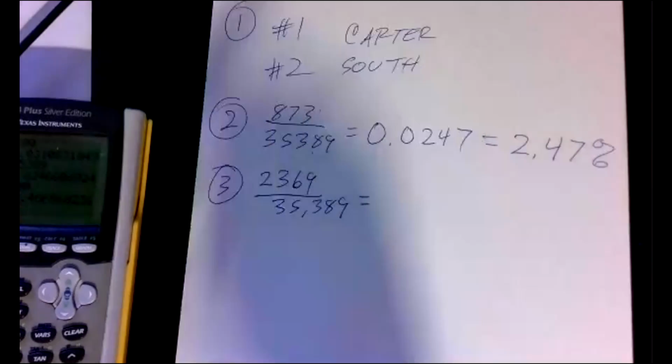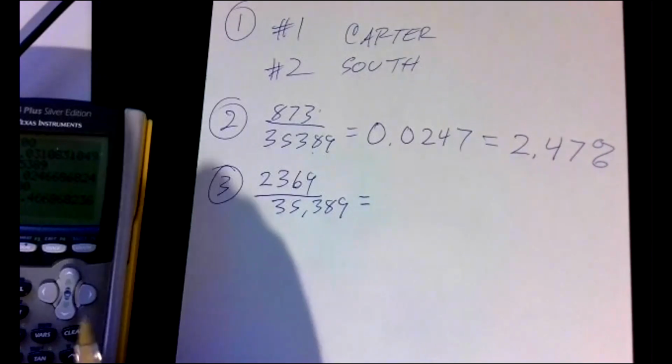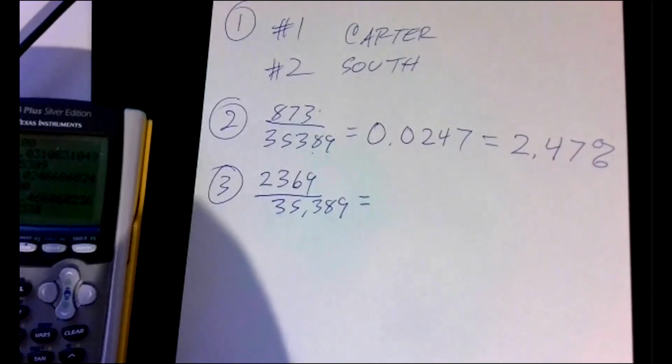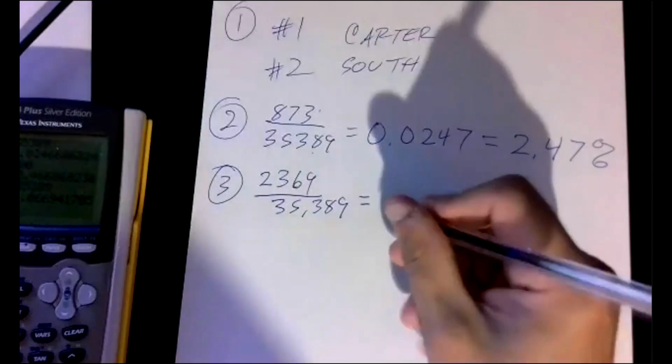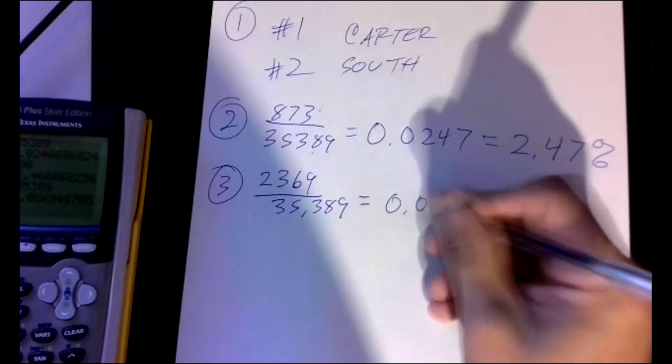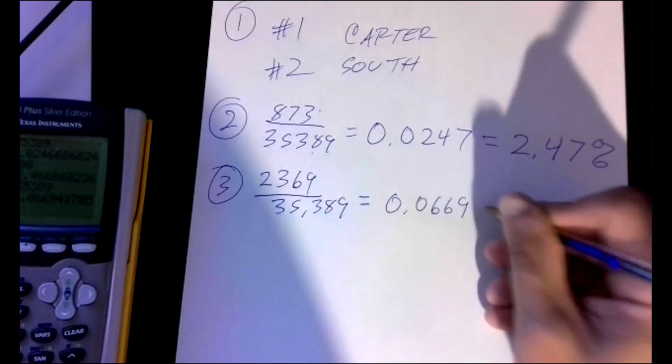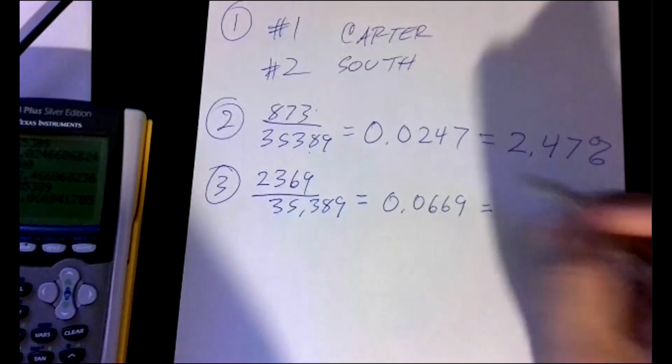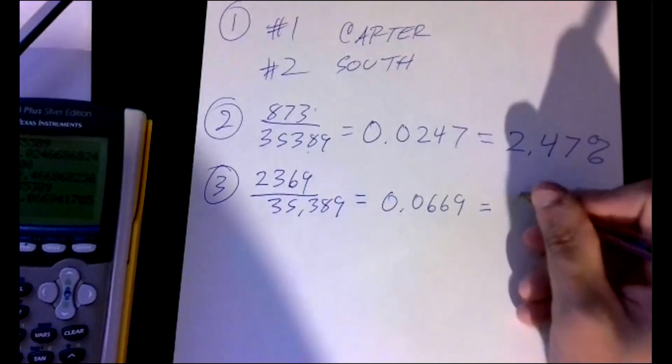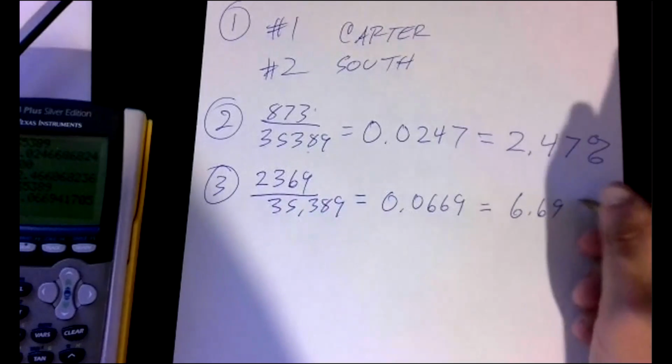So again, we simply divide those two. 0.0669, which, if we do times 100 or move the decimal two places, is 6.69%.